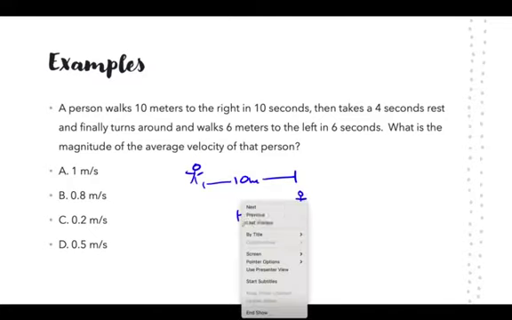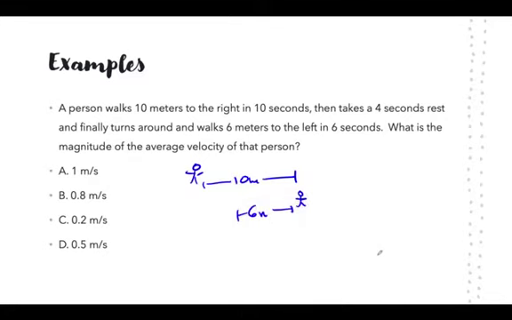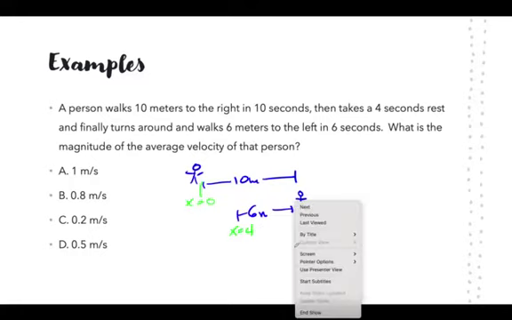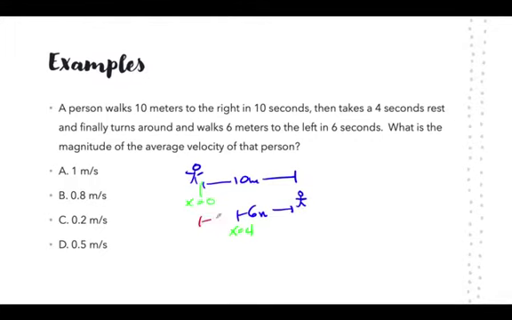So in order to find out the change in position, we first need to assign an initial position. Let's say this is my position x equals 0, which would make this position x equals 4. From here, I can say that my change in position would be this amount right here. This would be my change in position.